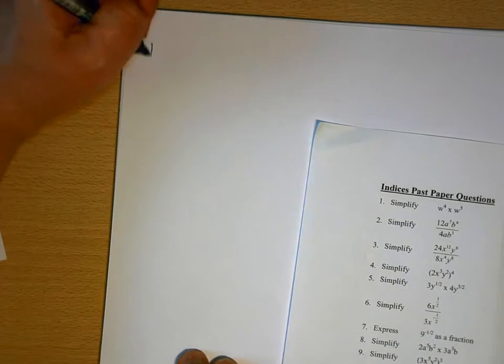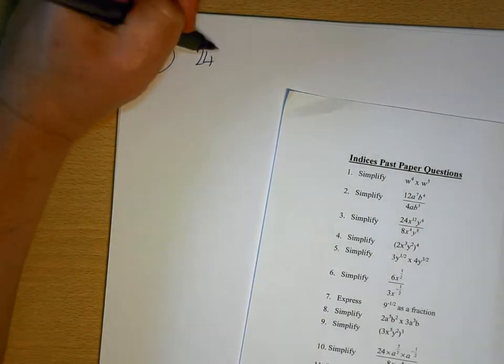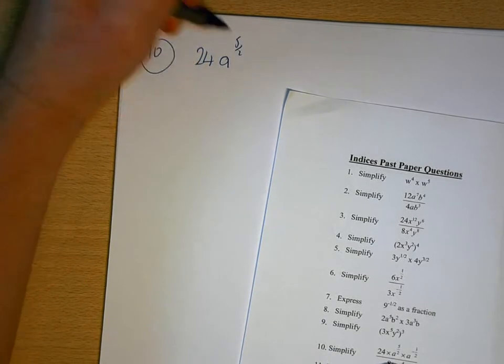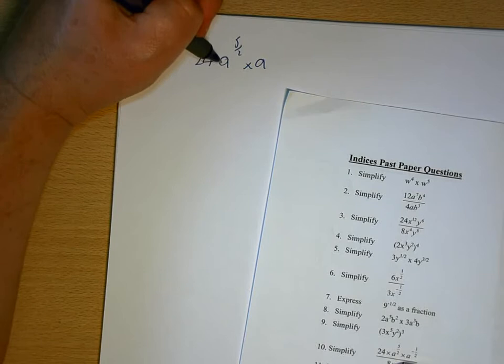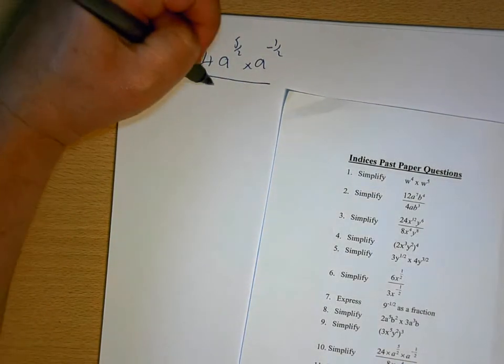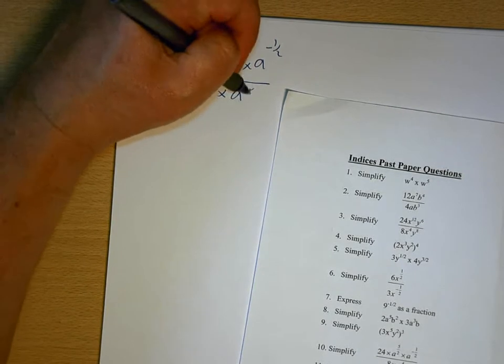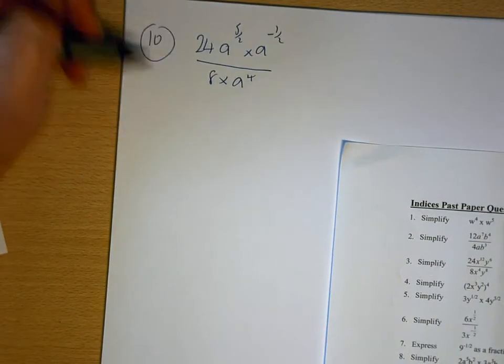Number 10. 24a to the 5 over 2 times a to the minus a half divided by 8 times a to the 4. Okay, 24 divided by 8 is 3.